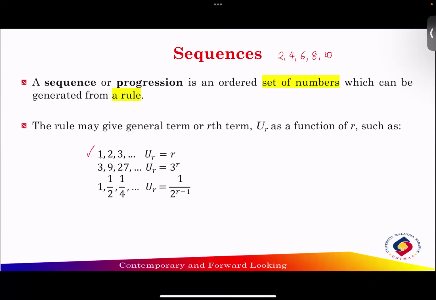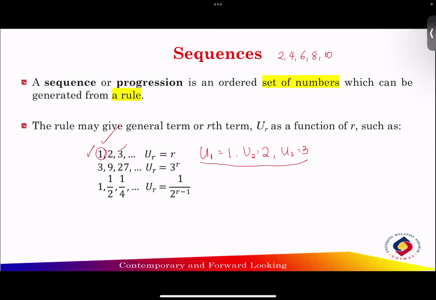How do we get the idea? The first term, u1, is the same as number 1. And then the second term u2 is number 2. And u3 means that the answer is 3. So this is a simple sequence.